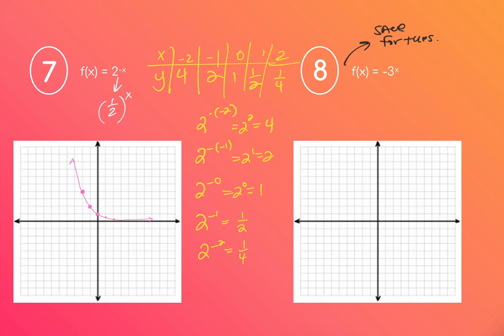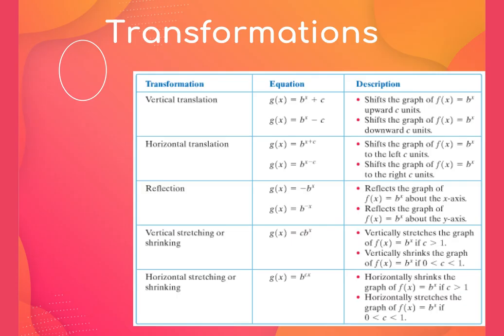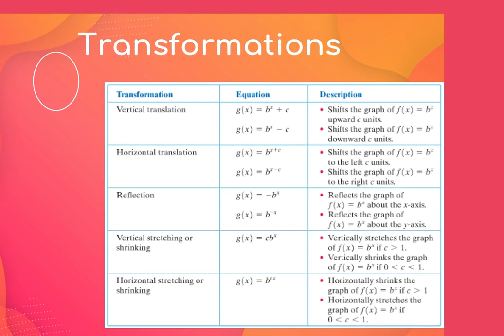Still good? Okay, so all the transformations we have used on all the other graphs, whether they were parabolas or absolute values or cubic functions, still apply to exponential. When you add or subtract something after the function, so this is not in the exponent, this is separate from it, it shifts it up or down.